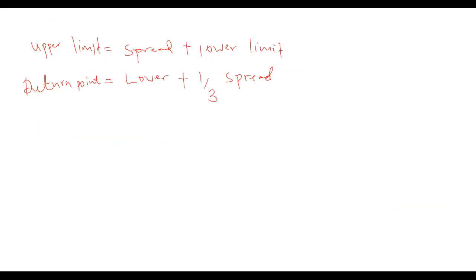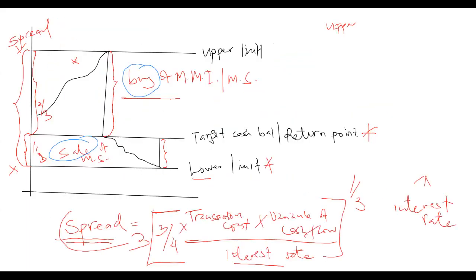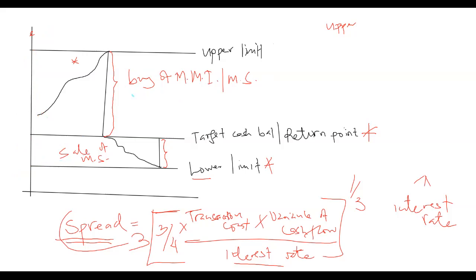So, just to refer back to our graph, allow me to rub off some of these things here. If, for example, let me put figures to it, this is 200, this is 225, and this is 275.